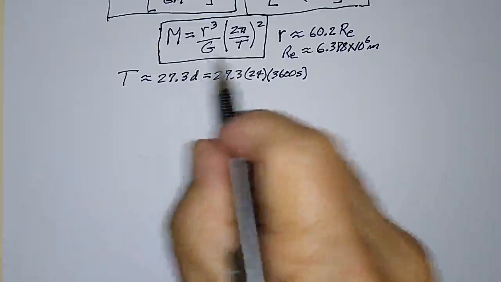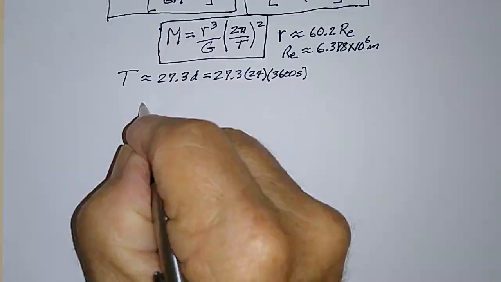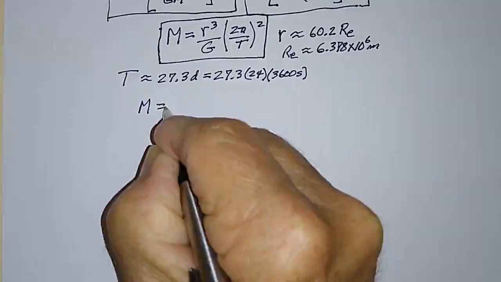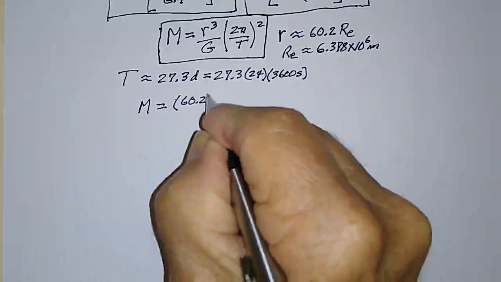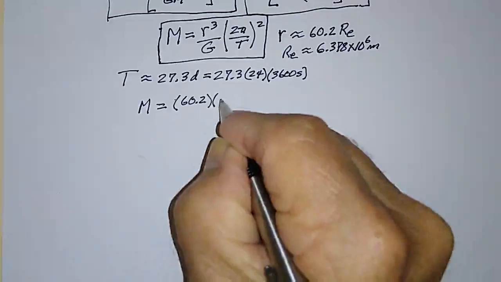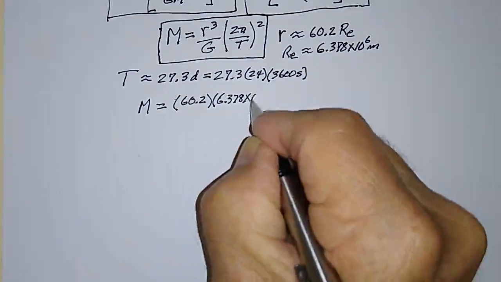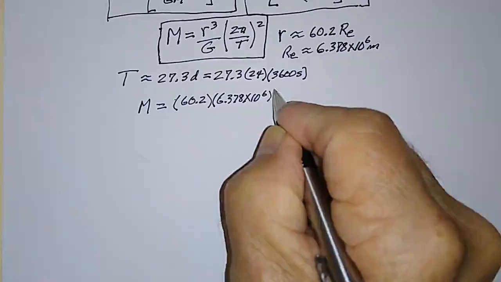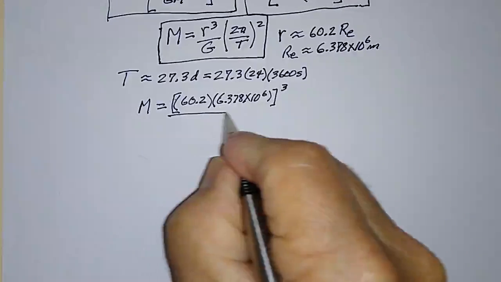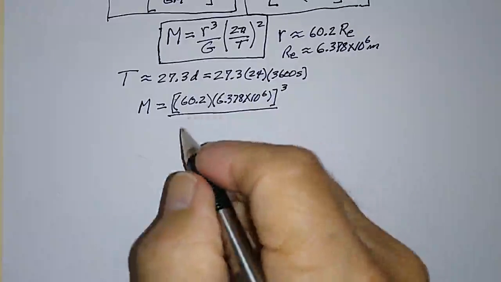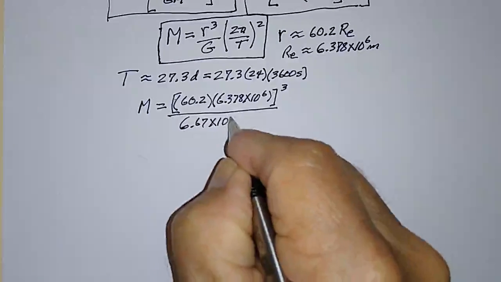So we can put all of this into this equation right here for M, and write that M is equal to 60.2 times 6.378 times 10 to the 6th, this is r cubed, divided by the universal gravitation constant, which is 6.67 times 10 to the minus 11.